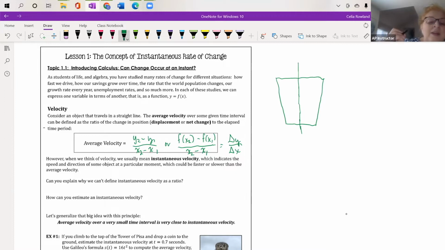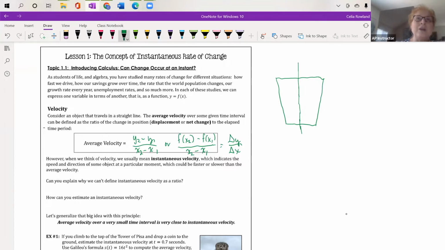Now, when we think instantaneous, we're thinking of a split second moment in time. What speed were you going when you hit the brick? When you hit a brick while driving down the highway and it made your car bump, that's your instantaneous velocity. So we want to look at that.